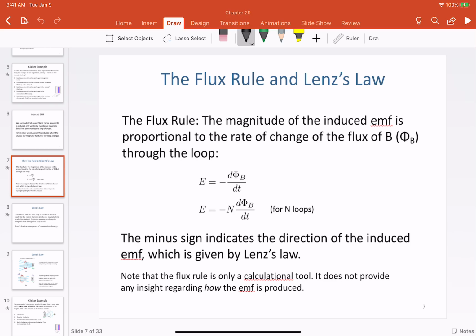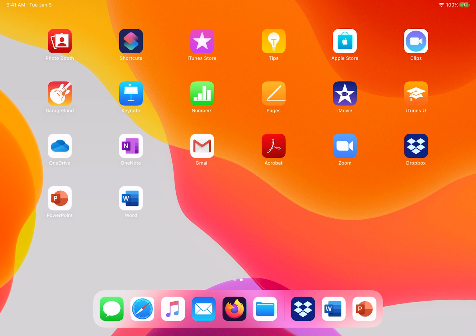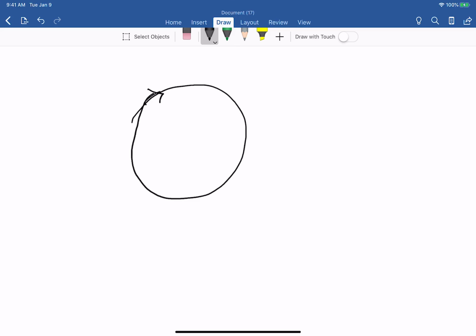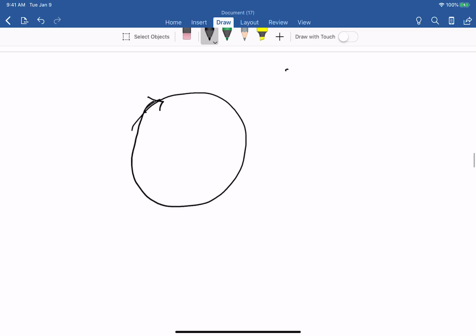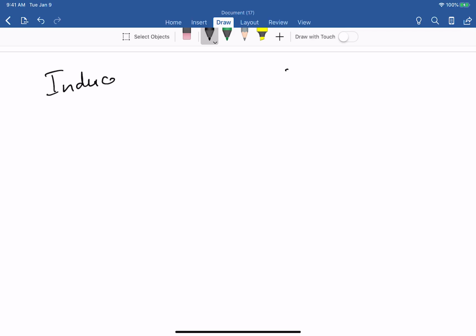And so you can write that the induced EMF is equal to minus d phi B dt, the rate of change of flux.